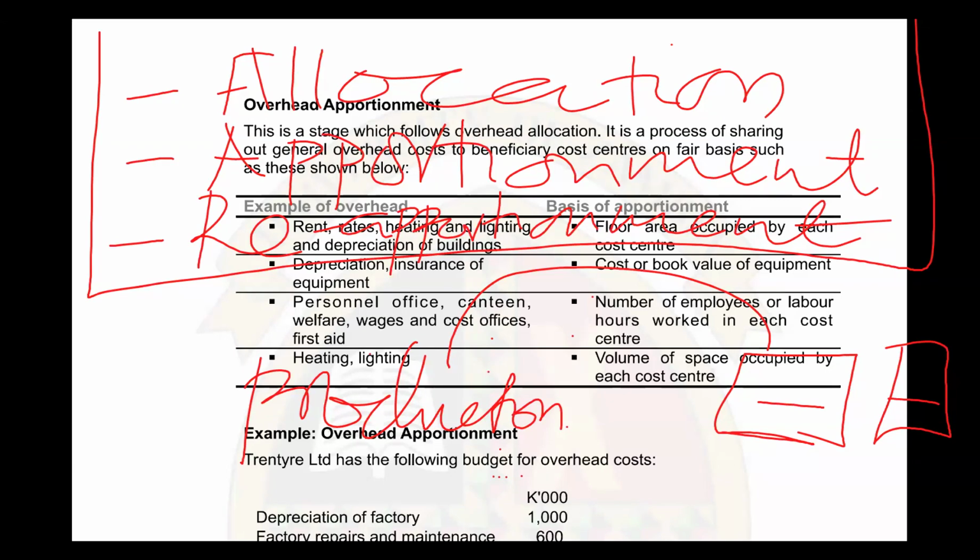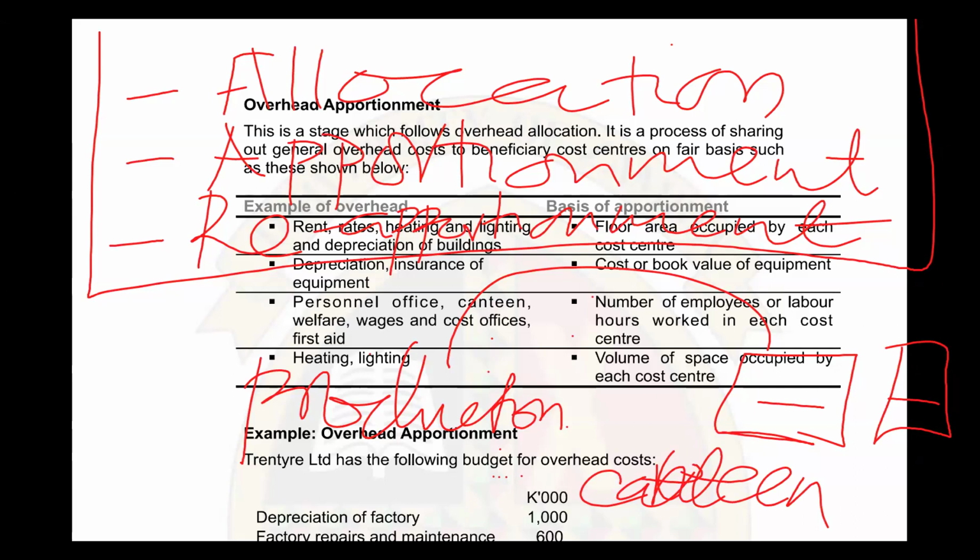Service departments are those departments that are not really production departments, but are just there to support the operations or the production departments, such as the canteen. Some companies have canteens, and what it does is just support the production process.